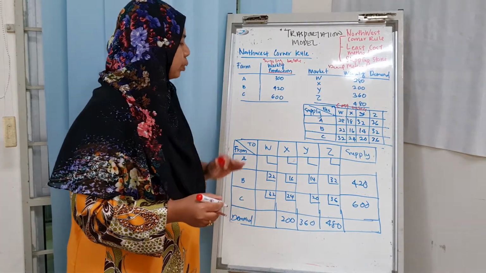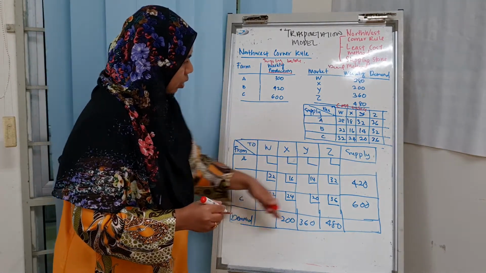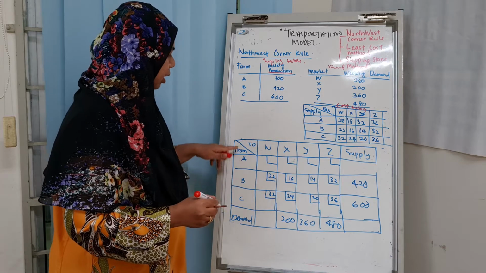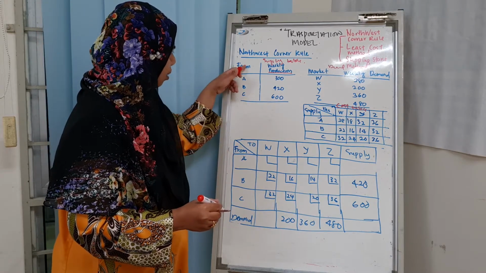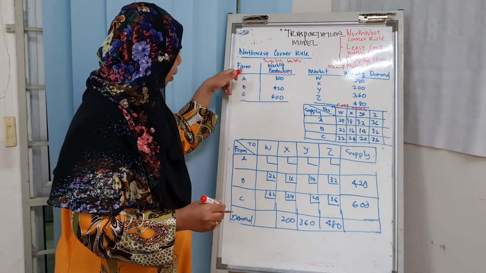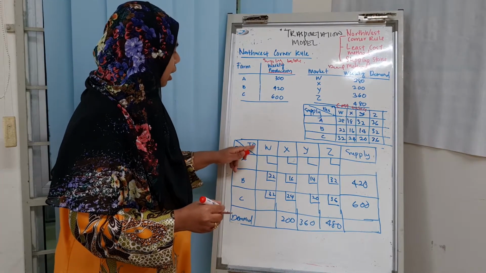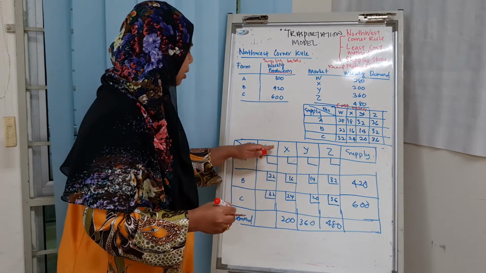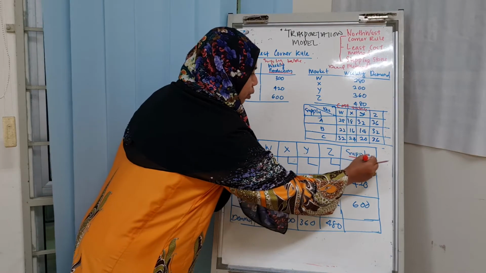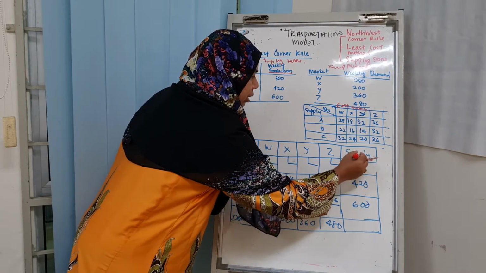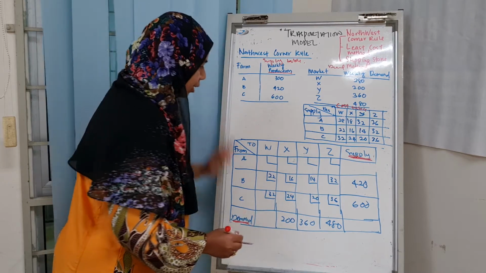So what you have to do is construct this table, from farm A, from B, and from C, to the markets W, X, Y, and Z. Then you write down the supply and the demand.